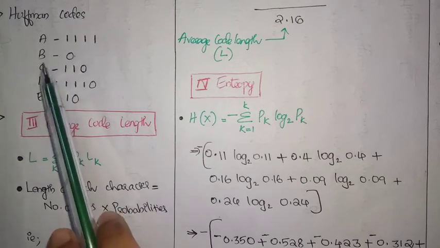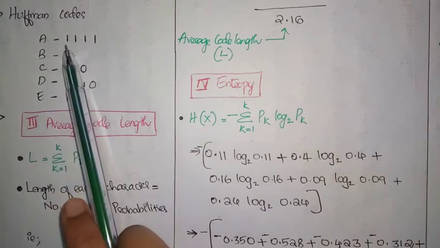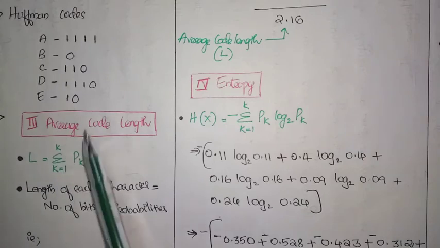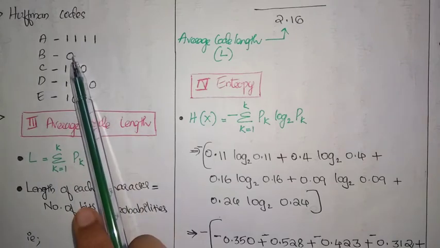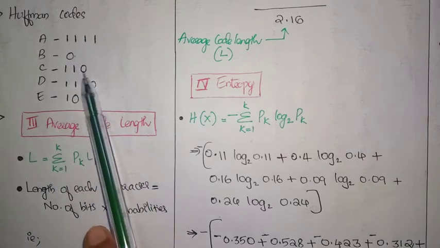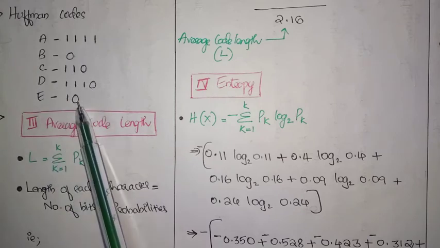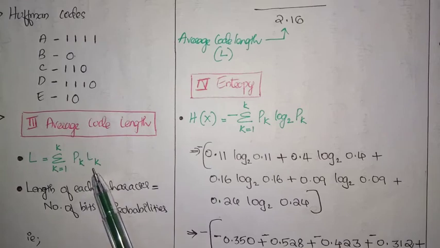In the case of A, it has 4 bits. In the case of B, the lk value is 1. In the case of C, it is 3. In the case of D, it is 4. And in the case of E, it is 2. So this is how we can find the average code length.